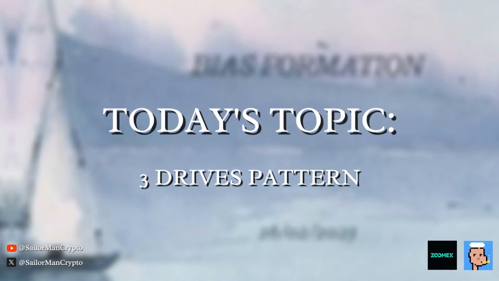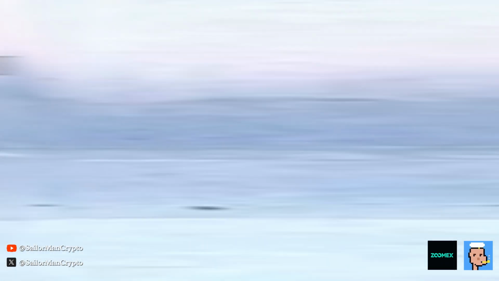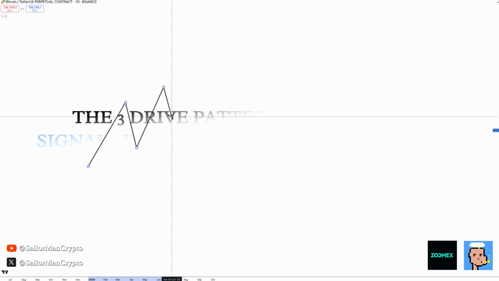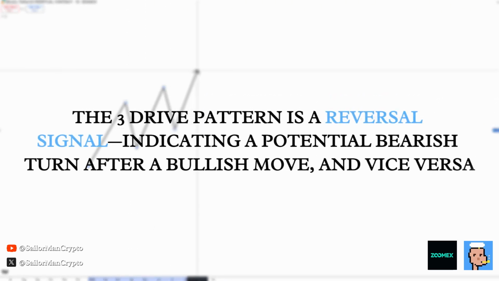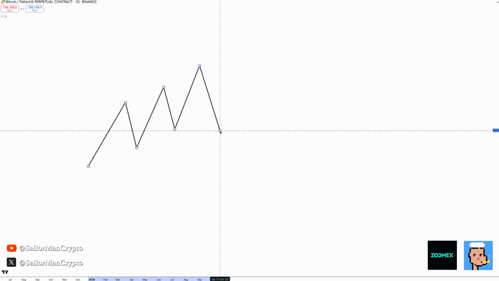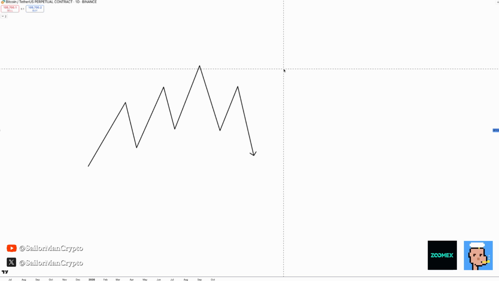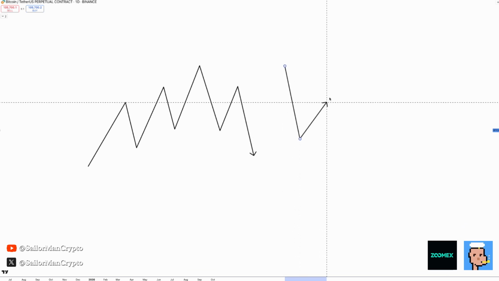But without further ado, let's see what the 3-drive pattern is and how we can use it in trading. So very simply put, the 3-drive pattern is a reversal pattern that might indicate, in a bullish move, a potential bearish reversal, and in a bearish move a potential bullish reversal.